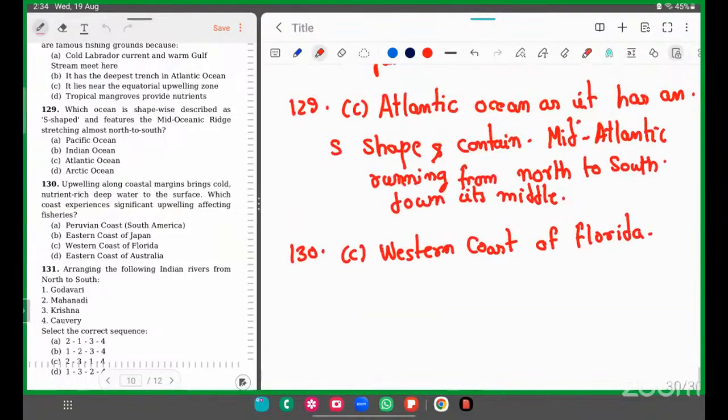Coming to question number 131, arranging the following Indian rivers from north to south. Going by the options, the first river which comes is Mahanadi.